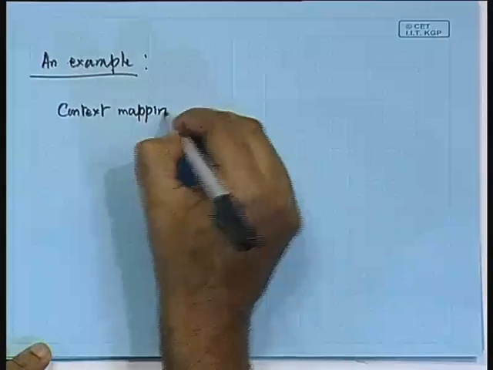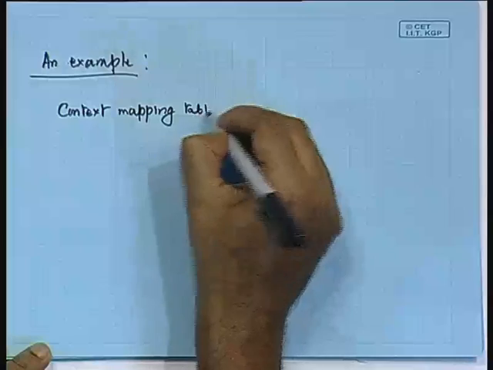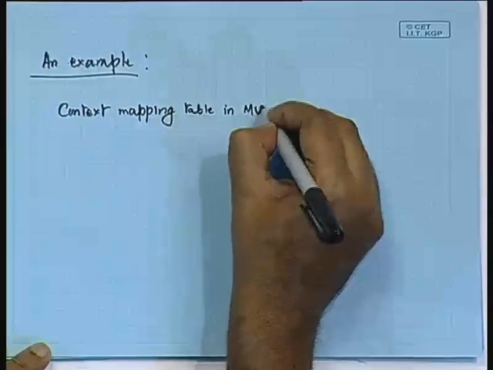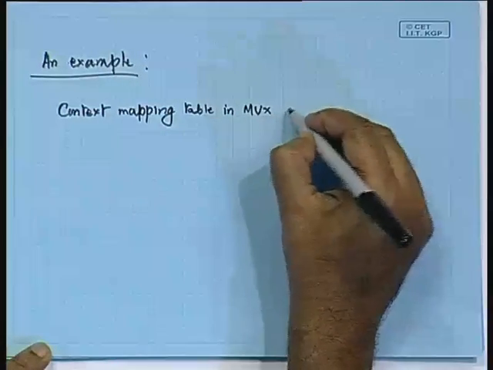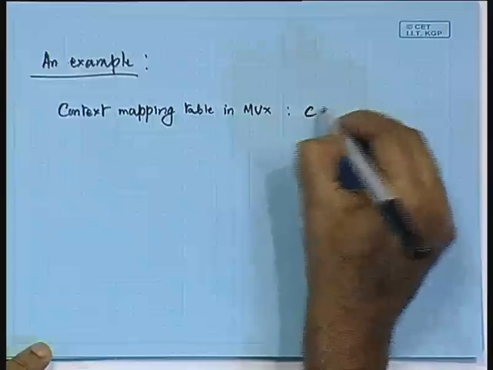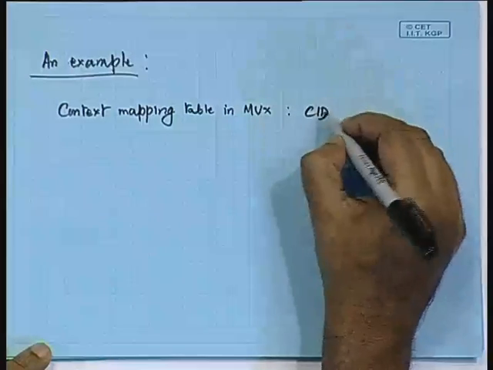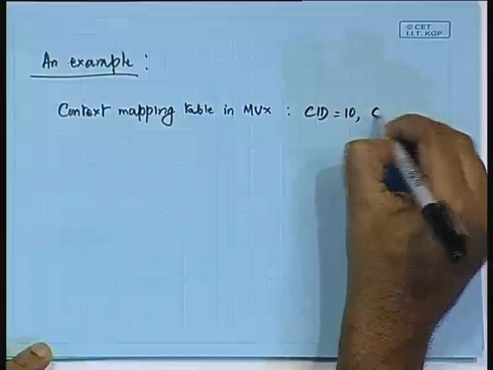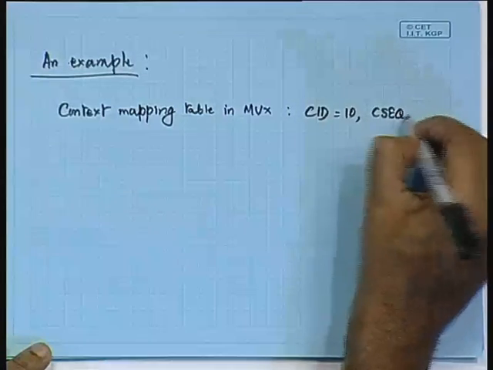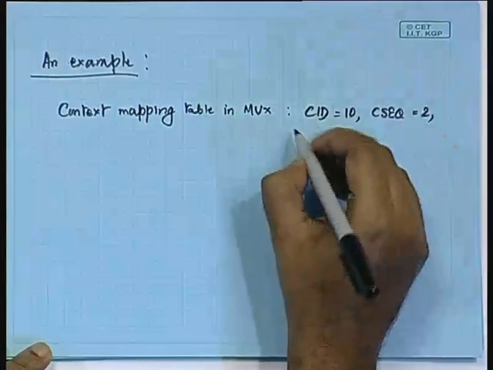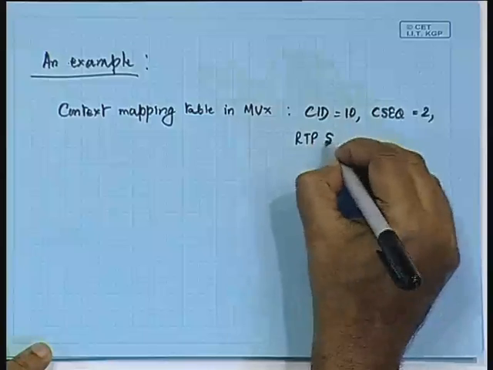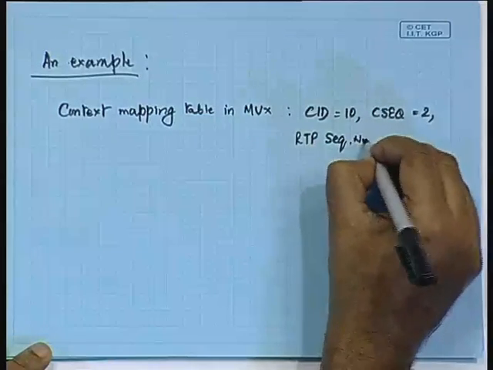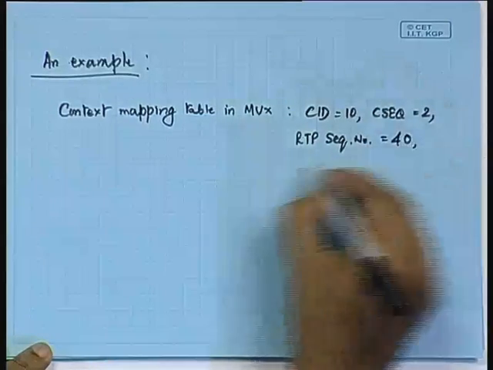We are not bothered about all the fields, but the fields we are most concerned with: the CID, let us say it is 10; the context sequence number, let us say it is 2; the RTP sequence number, let us say it is 40; and the timestamp.